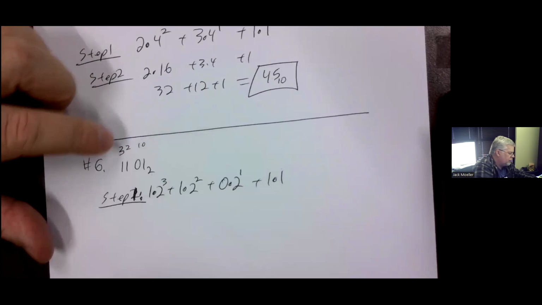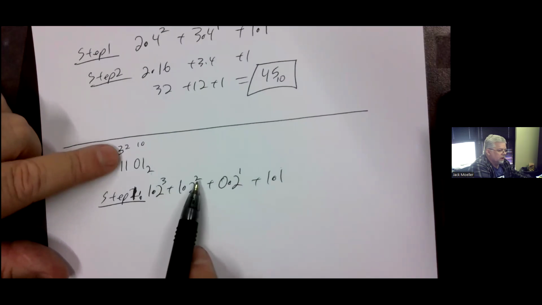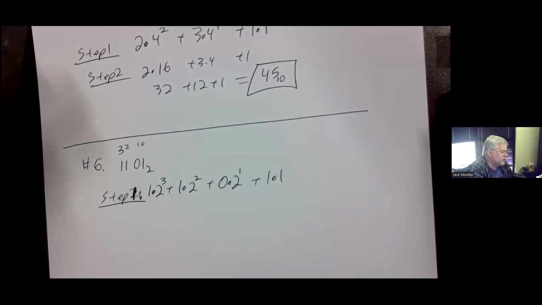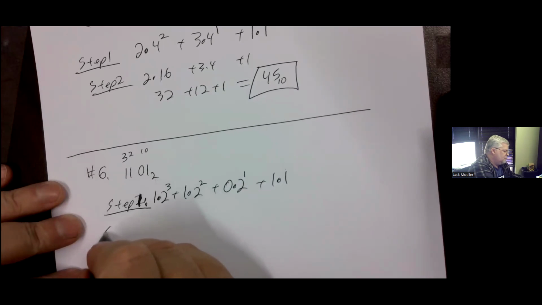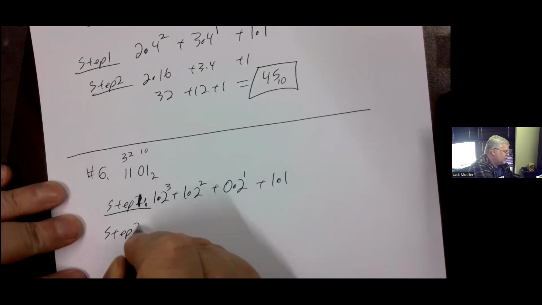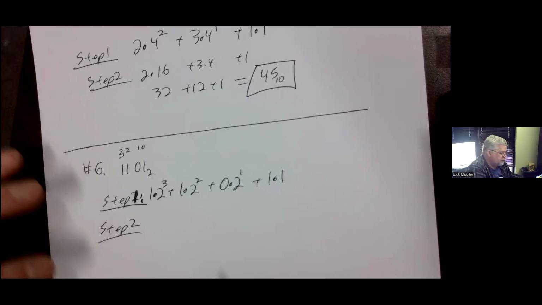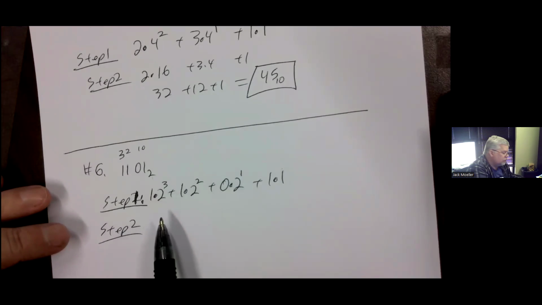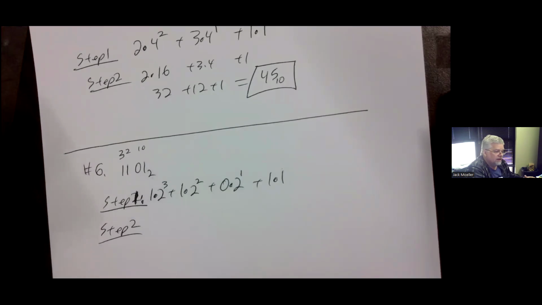And if you do that, then maybe you can start with 1 times 2 to the third and then 1 times 2 to the second. Just play around with this. That's why you do the homework, to see what works best for you. But again, this all comes back to place value. Place value is always based on powers of a number, and the base is always the number system itself.